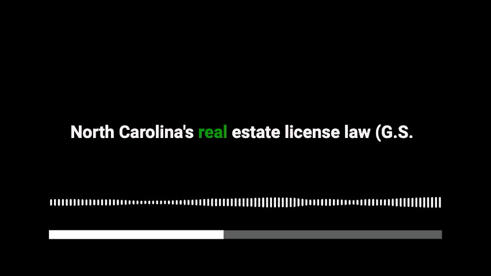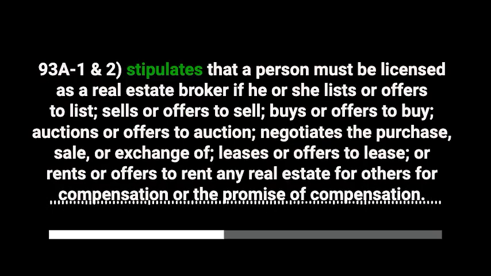North Carolina's real estate license law stipulates that a person must be licensed as a real estate broker if he or she lists or offers to list, sells or offers to sell, buys or offers to buy, auctions or offers to auction, negotiates the purchase, sale, or exchange of, leases or offers to lease, or rents or offers to rent any real estate for others for compensation or the promise of compensation.